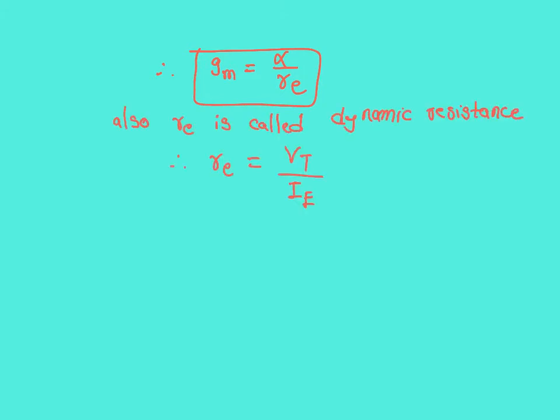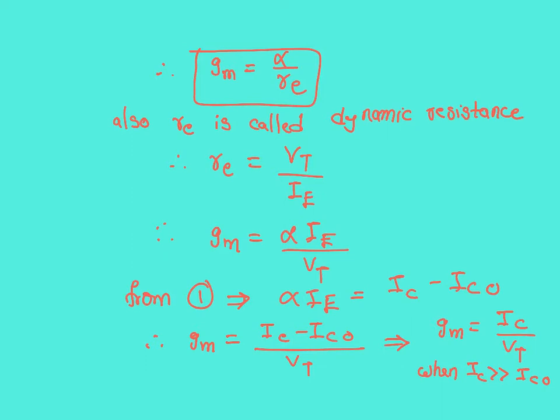Therefore GM can be written as alpha by RE, and RE is also called the dynamic resistance, which is equal to VT by IE. Then GM is equal to alpha IE by VT.